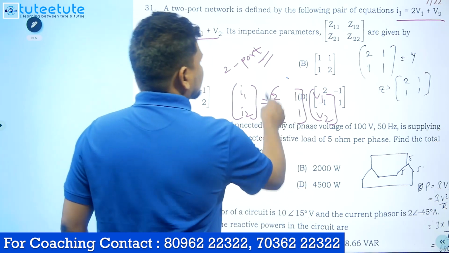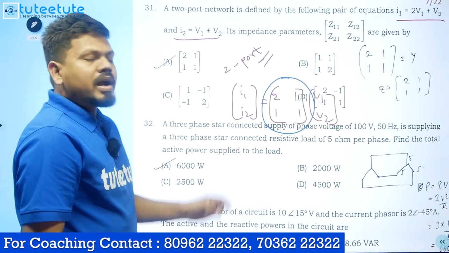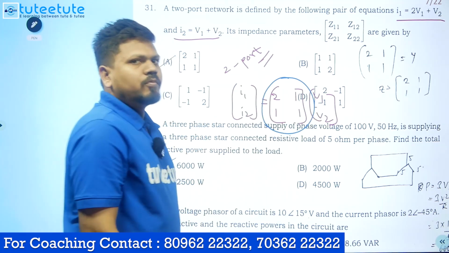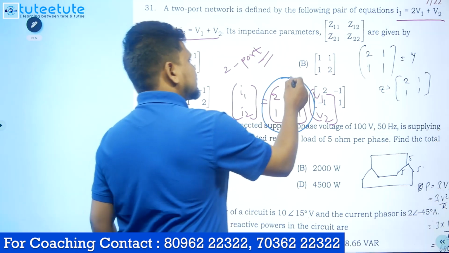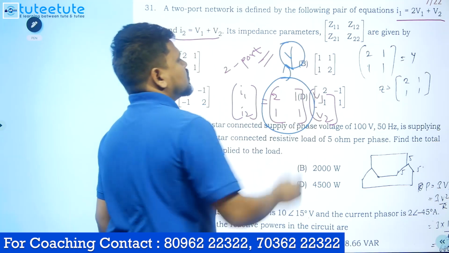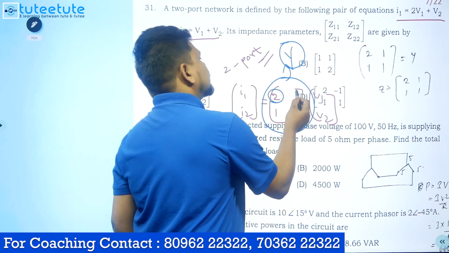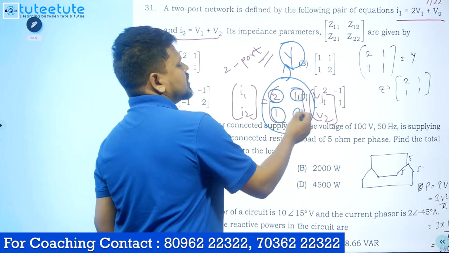What is this matrix? In terms of currents equal to some voltage, this matrix is nothing but the admittance matrix Y. This is Y11, this is Y12, this is Y21, this is Y22.